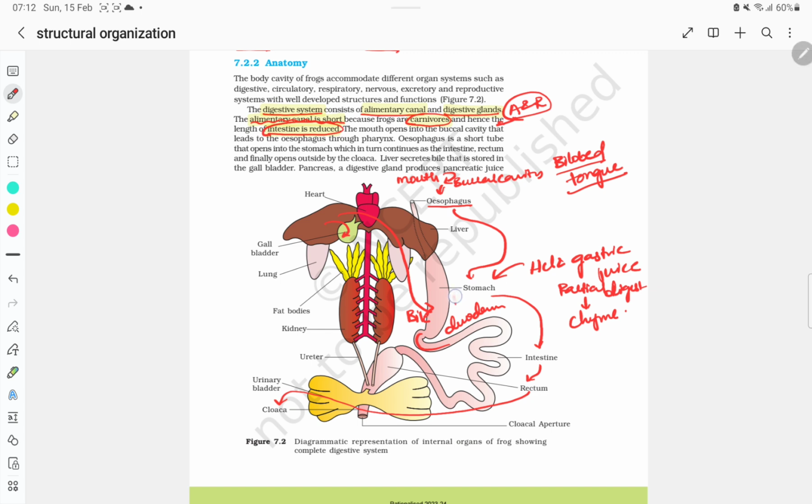From the pancreas, pancreatic juice gets secreted into the duodenum, and here in the intestine digestion takes place with the help of all these secretions, and then it gets absorbed by villi and microvilli.